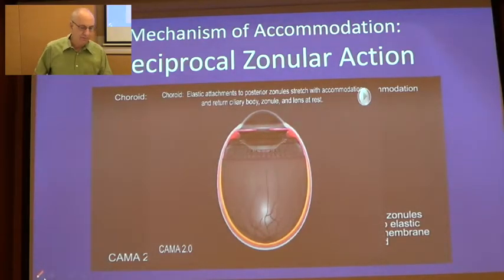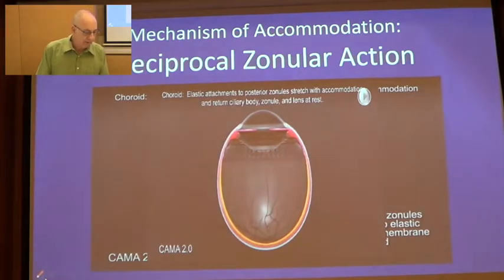The main message from the model is that the mechanism of accommodation is related to reciprocal zonular action. Ciliary muscle contraction results in release of tension on the anterior zonule, allowing the lens to round up due to the intrinsic elasticity of the lens and the lens capsule.